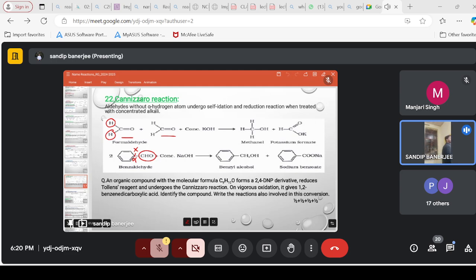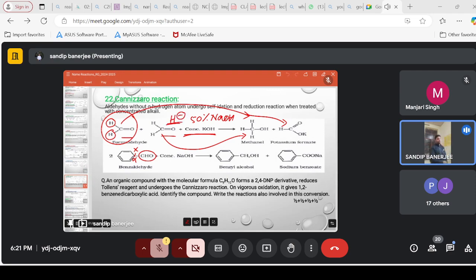And since there is no alpha hydrogen, the base is concentrated, at least 50% NaOH or 50% KOH you have to take. Okay. And by this reaction, one component will oxidize to the corresponding carboxylic acid, and another component will normally give you the alcohol. And this reaction happens via hydride transfer, meaning H minus transfer.